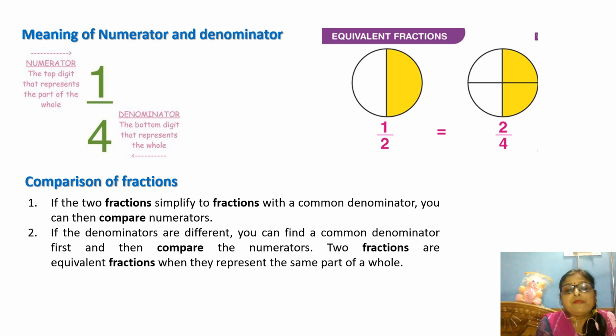Next one, if the denominators are different, then first you have to find out the common denominator and then compare the numerators. Two fractions are equivalent fractions when they represent the same part of a whole.